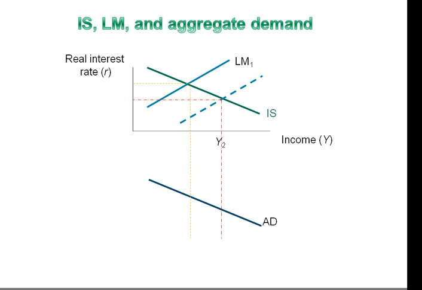So our equilibrium level changes. So we are moving from here to this point, from y1. Let's say this is y1 and this is y2. So we are moving on the aggregate demand curve from here to here. We are demanding more, so our income level increases, but the real interest rate falls.